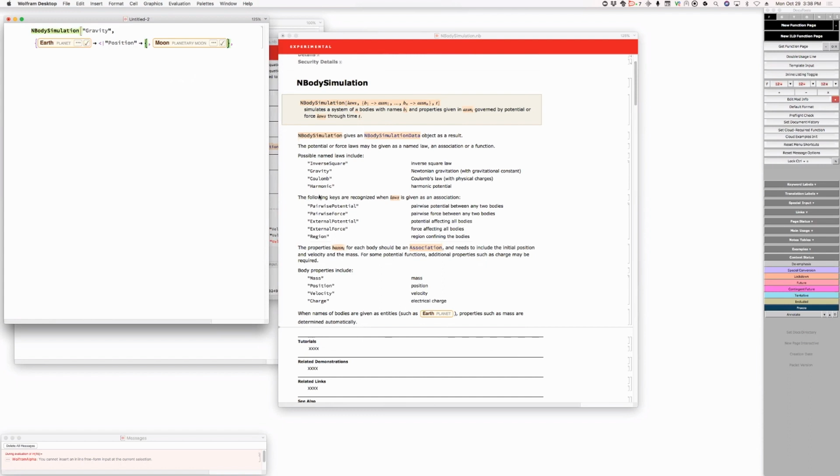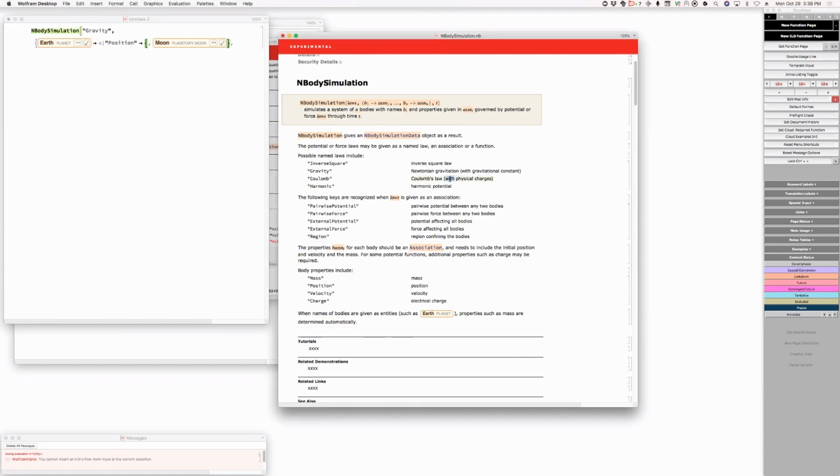We're not letting you give the physical properties. This is a bit confusing, using electric charges.